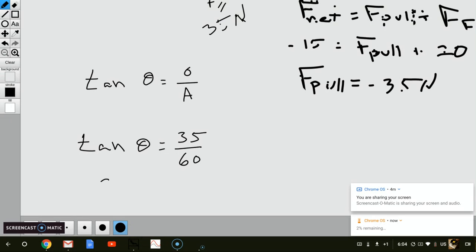So if I inverse tangent that real quick, I can get my angle. I'm just going to inverse tangent 35 divided by 60, and I get 30.3 degrees. So 30.3 degrees is theta.